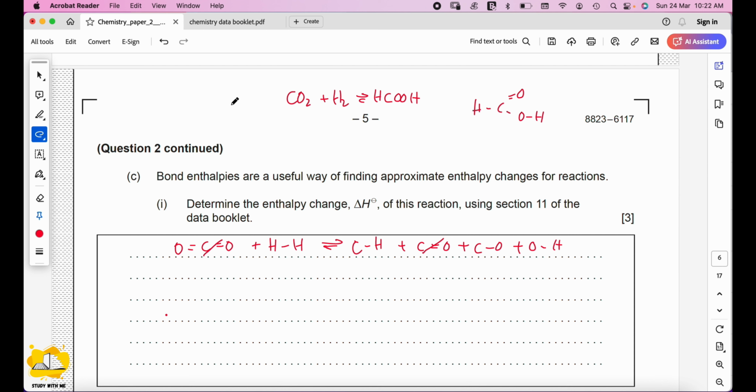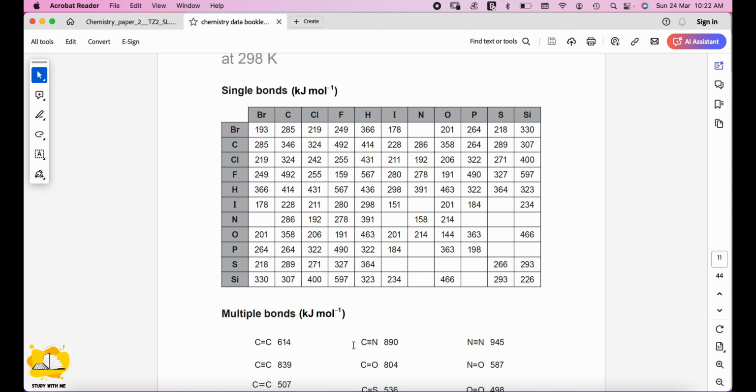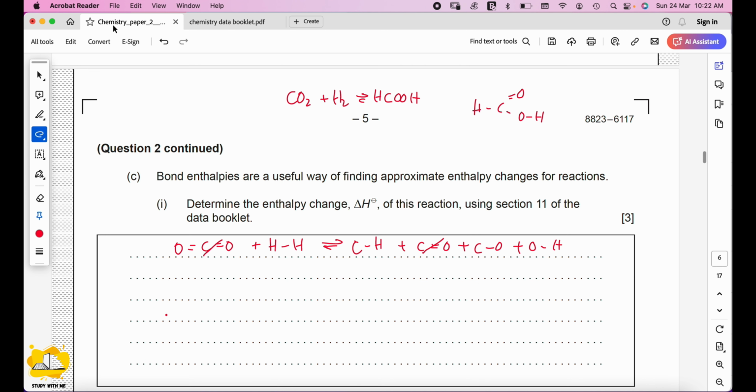So for C double bond O, if we refer everything to this section, you will get this number: C double bond O is 804. So I will just write it here. 804, and H-H will be 436.